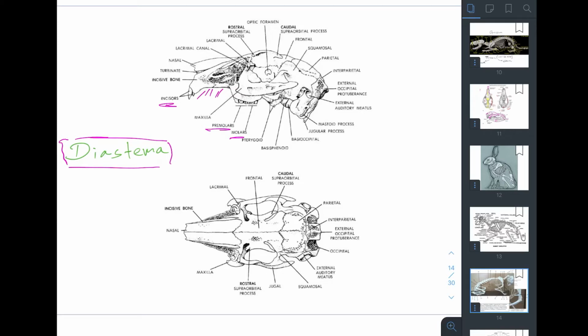And that is because what they're doing with their food is that they're slicing their food with their incisors and then grinding that food with the molars and premolars. And this in between space divides these two functions between the front and the back.